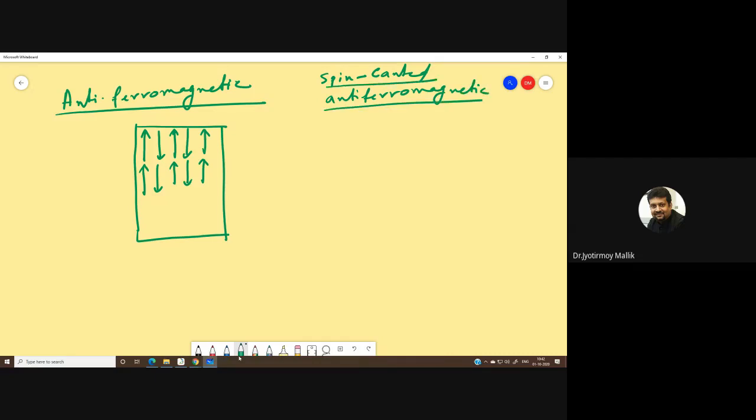And what happens there is that the magnetic moments are not essentially parallel to each other. Looks something like this.